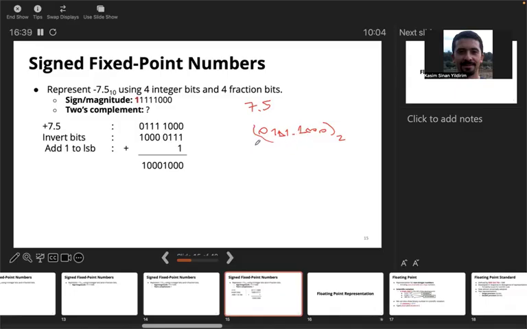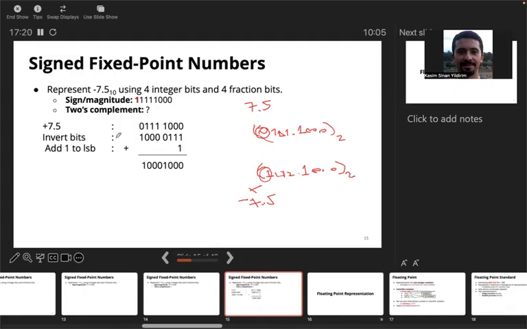If we use sign magnitude representation, this bit can be considered as the positive/negative bit. So I can represent 1, 1, 1, 1, point, 1, 0, 0, and 0. So this is negative 7.5 in sign magnitude representation, not 2's complement representation. As you see, this is the sign bit. Or let's do 2's complement.